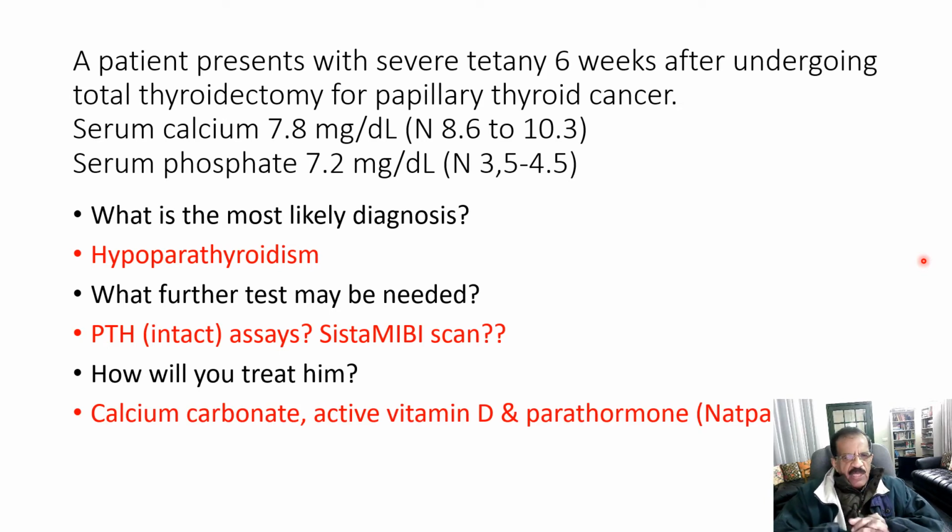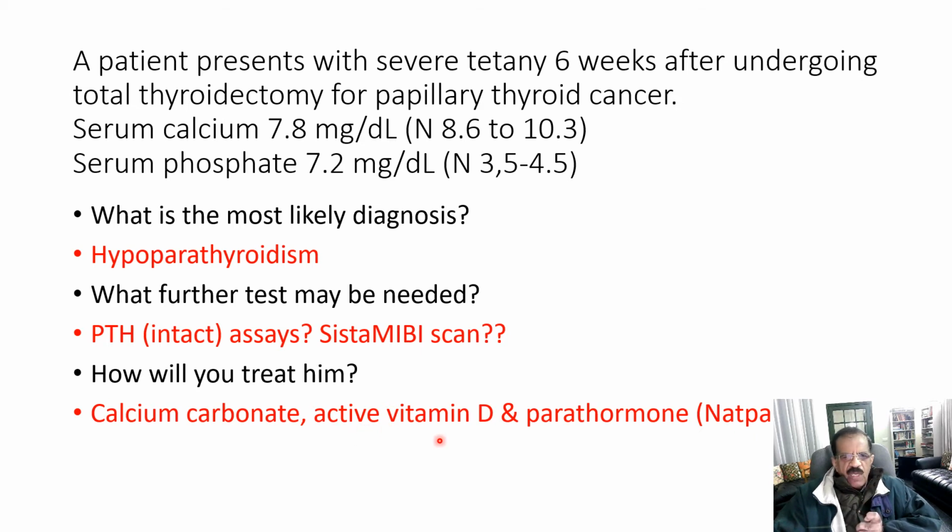I think as a student, you would think that parathormone should be given. There is an analog of parathormone called Natpara, but that is very, very expensive. Now, traditionally, what we have been doing is to give calcium carbonate and active vitamin D. The theory is to give vitamin D in large quantity to produce a state of hypervitaminosis D. And we give active vitamin D. Why?